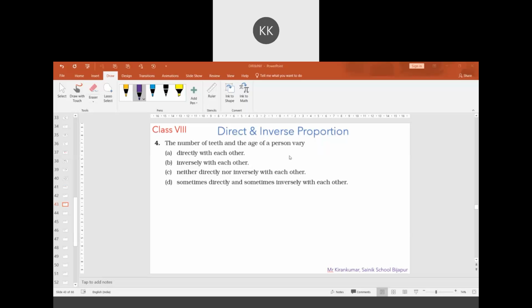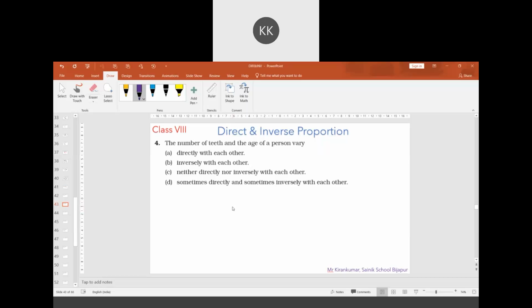Further, when you reach old age, the number of teeth will decrease. Increasing and decreasing. Can we say that it is proportional? Inverse proportion? See, in the beginning ages, if you consider, number of teeth will be there.